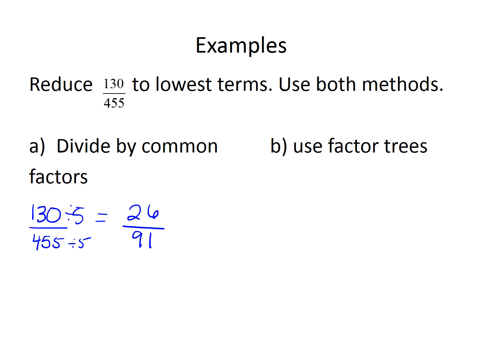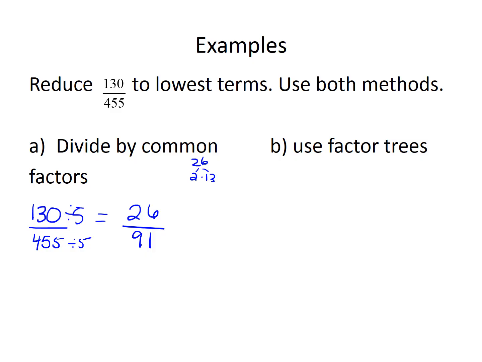And you will need to check whether or not this reduces any further. 26, you know 2 goes in because it's an even number, but that won't go into 91. The only factors of 26, other than 1 and 26, are 2 and 13.